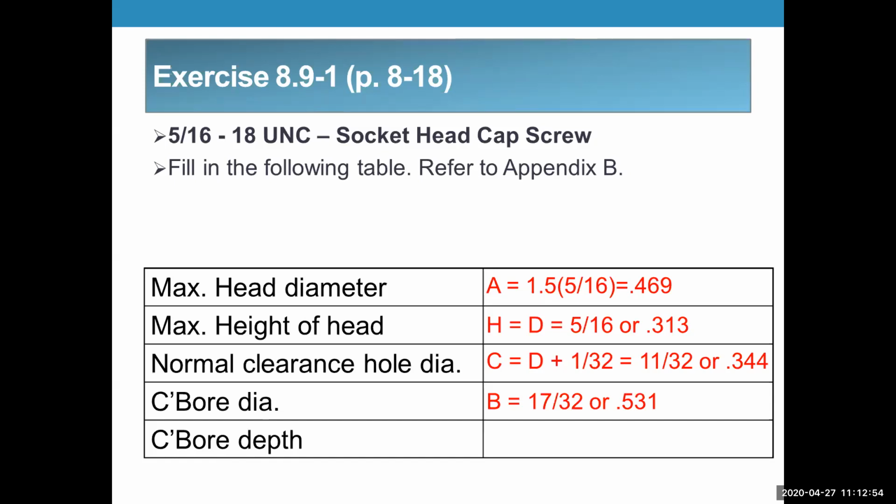The height of the head plus a 16th, right? Yep. So if the head is 5/16 and we add a 16th, that's 6/16 or 3/8, or 0.375. So this is how you would do the homework.